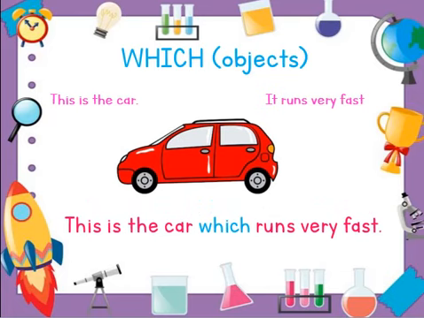Notice in the second sentence we eliminate the word or the pronoun it. This is because remember, it refers to the car. And in this sentence, it's not necessary to repeat it again.